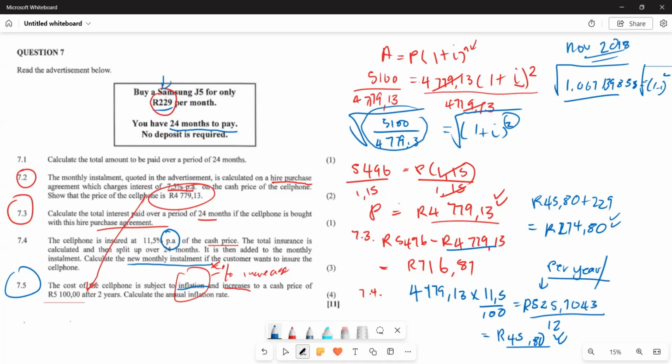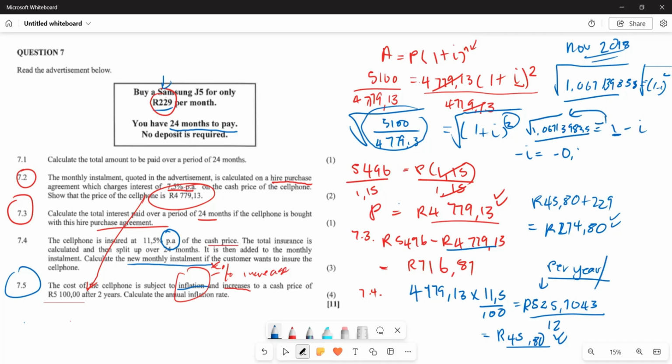So here you have the root of 1.06739835 equals 1 plus I. Now we are going to take the 1 and subtract it from this side. When you subtract, you'll see that you are left with negative I, which is also going to be negative 0.033024, and then the other digits, 60526.